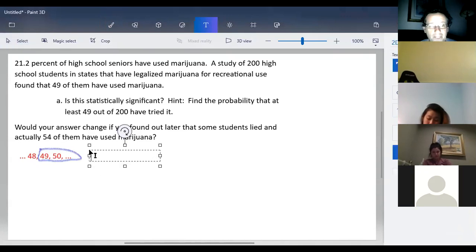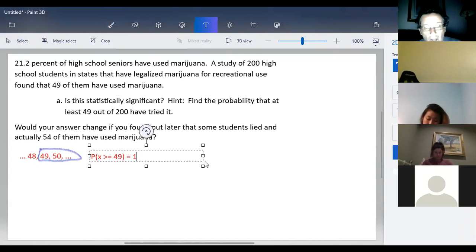So I can write down the probability that x is greater than or equal to 49 is equal to 1 minus the probability that x is less than or equal to what number? 49.